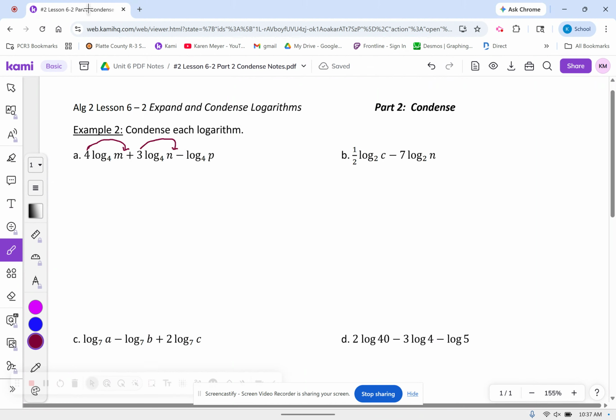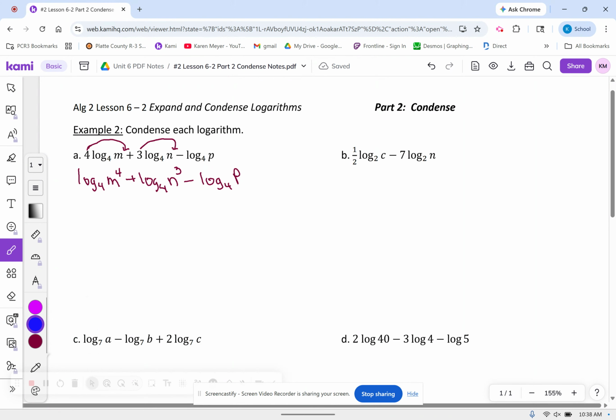And the third log doesn't have any number in front, so there will be no power for the p. So right now I'm looking at log base 4 of m to the 4th power plus log base 4 n to the 3rd power minus log base 4 of p.